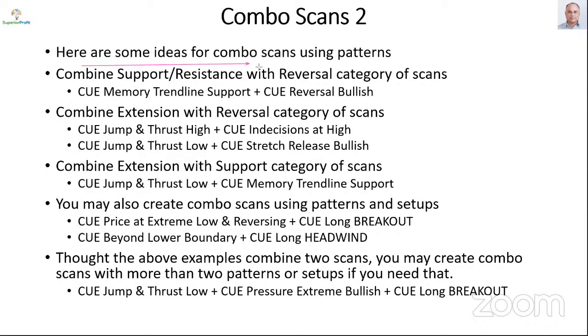Here are some ideas for combo scans using patterns. And as I mentioned, you will develop your own favorites over time and see how I am combining different categories. You will usually have a pattern in mind, and those patterns are based on the indicator categories.